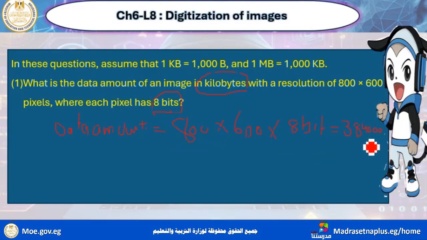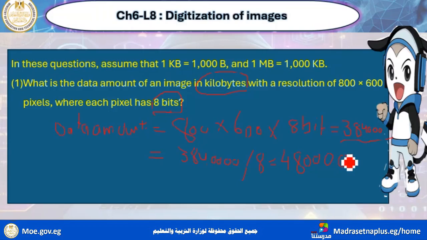We need to divide this number by 8, which is equal to 4, 8, 0, 0, 0, 0.